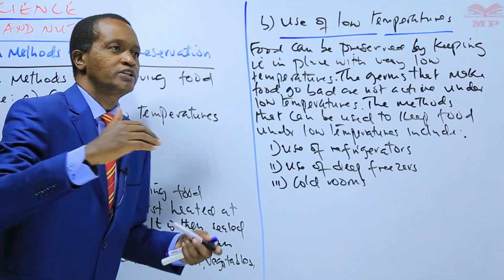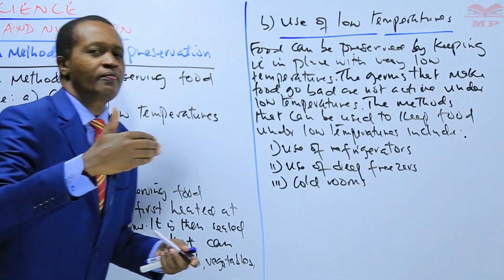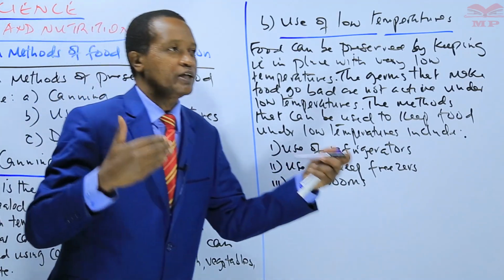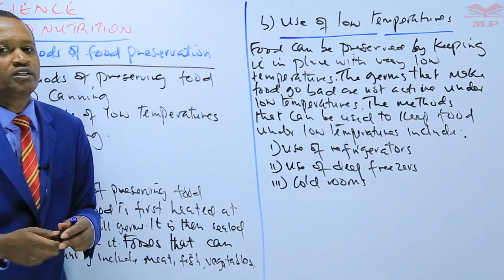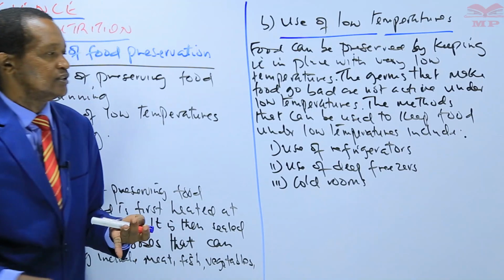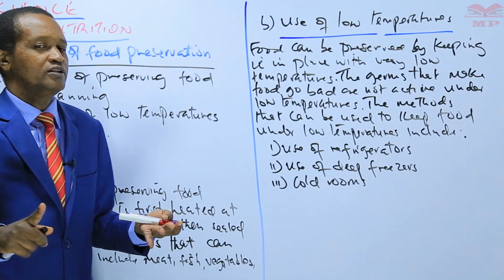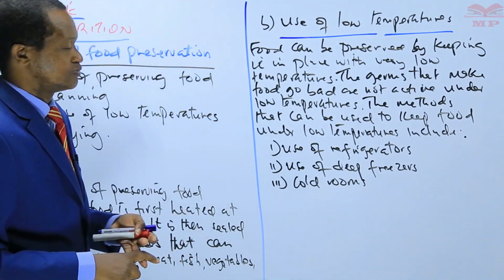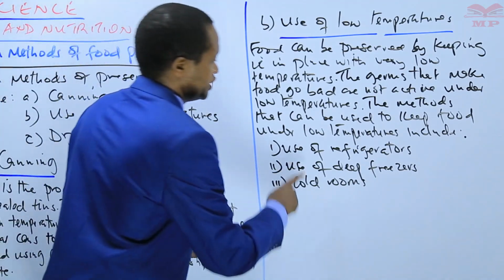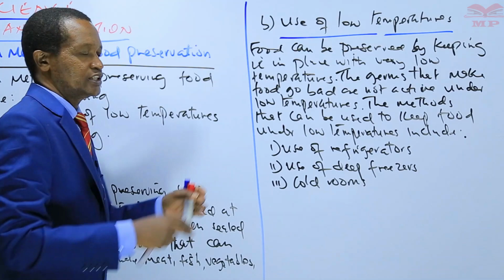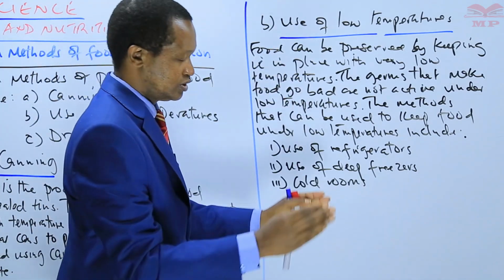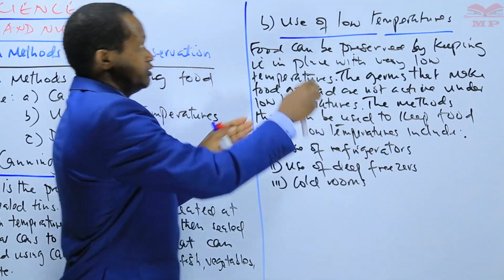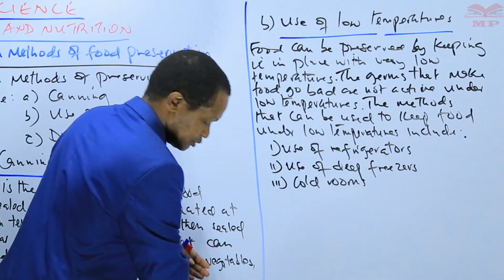Cold rooms, learners, are used to store large amounts of perishable foods, such as meat, fish, vegetables, and so on. A refrigerator is just a small gadget, it can be from this point up to the floor.